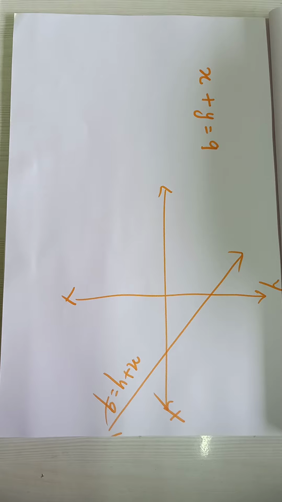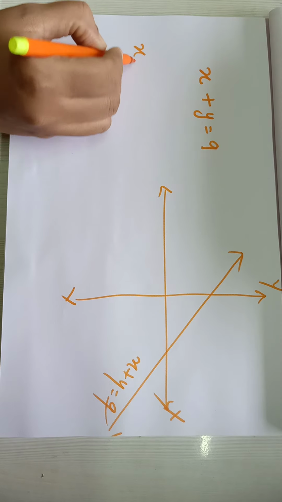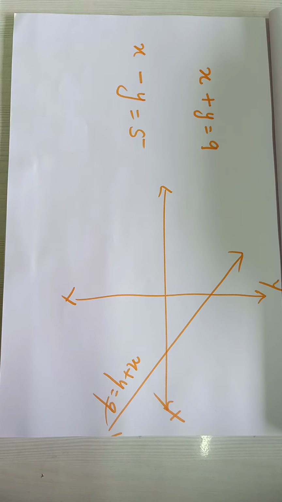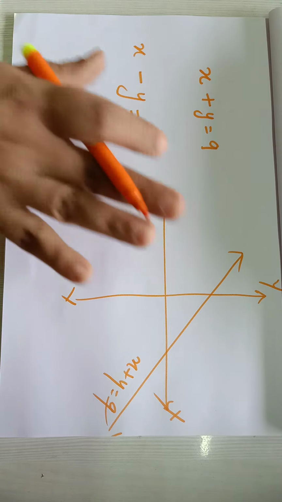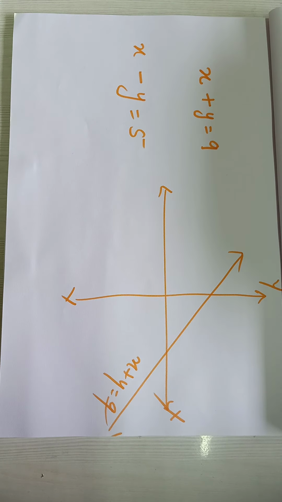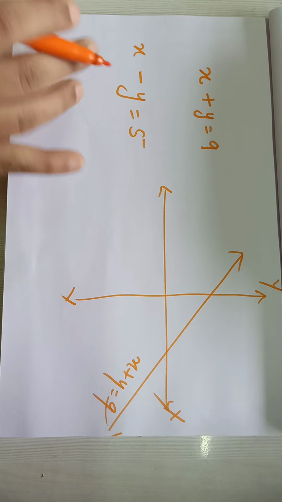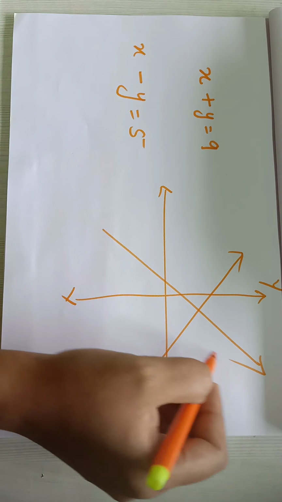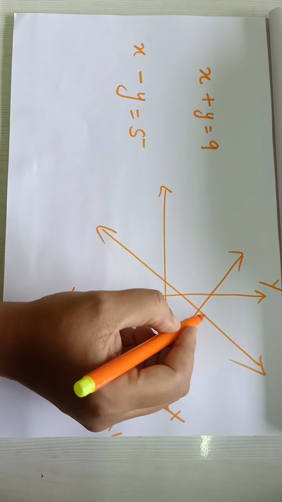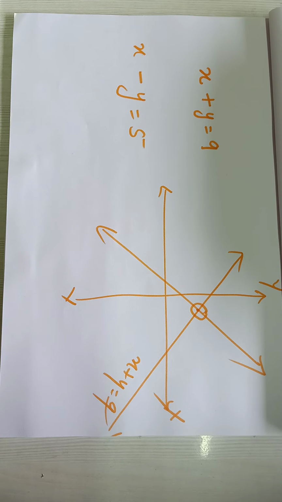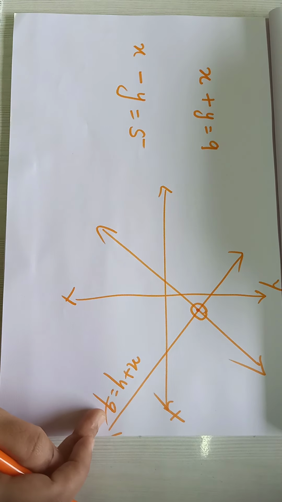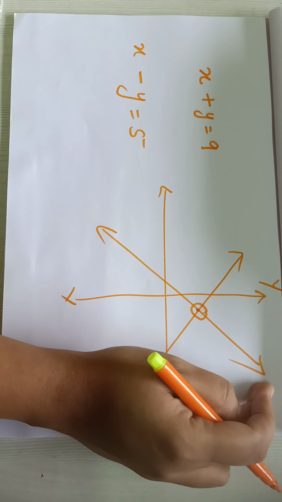And then when you have another equation, for example x minus y equal to 5, this equation will also have one line made on the graph paper. When you draw it on the graph paper, you will always observe that two lines intersect at a single point, and this single point lies on the first equation line also and the second equation line also.